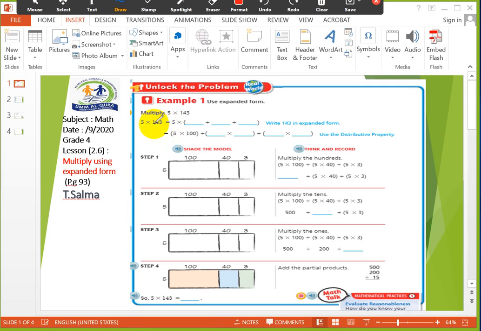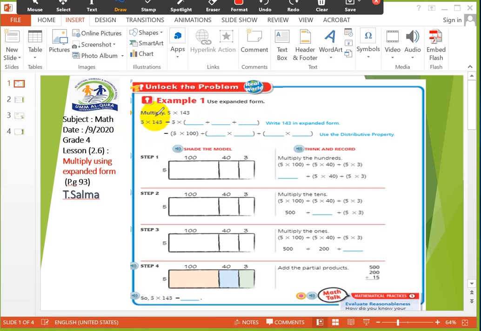If the number is in the tens digit, the value will be the number multiplied by 10. And if the number is in the hundreds digit, the value will be the number multiplied by 100. Okay? So today we will multiply 5 by 143 by using the expanded form.